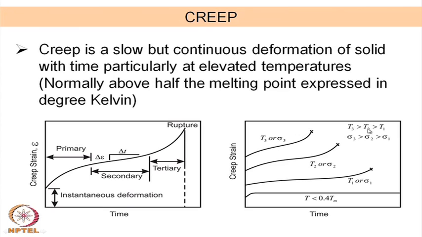Here T3 is more than T2, and T2 is more than T1, or at a higher stress, sigma 3 greater than sigma 2, which is also greater than sigma 1. So, this is the behavior of any material, including ceramics, and particularly at higher temperature.